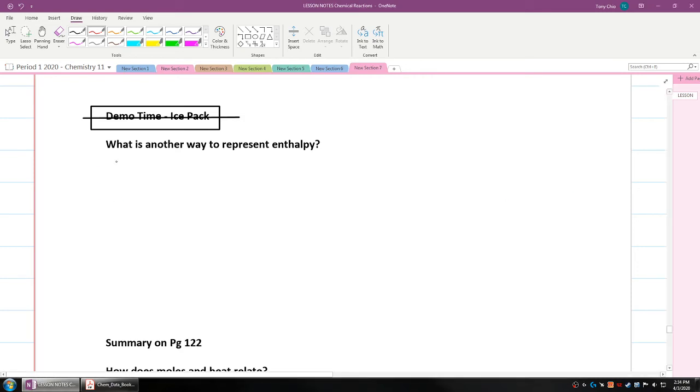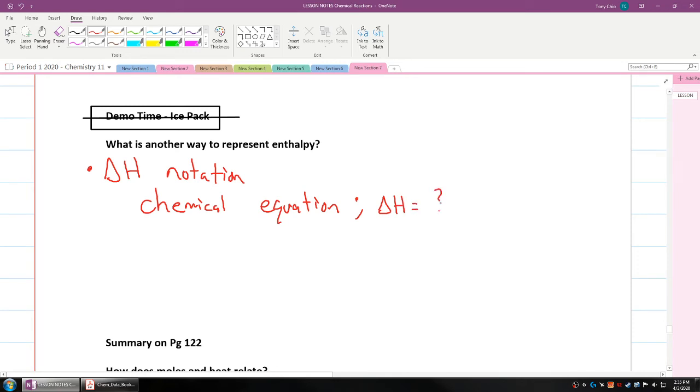We could use what we call delta H notation. So not the thermochemical equation. Instead, we write our chemical equation and then we write our delta H afterwards. Delta H notation is where we have the typical chemical equation we've always had, and then at the end, we put delta H is equal to something.